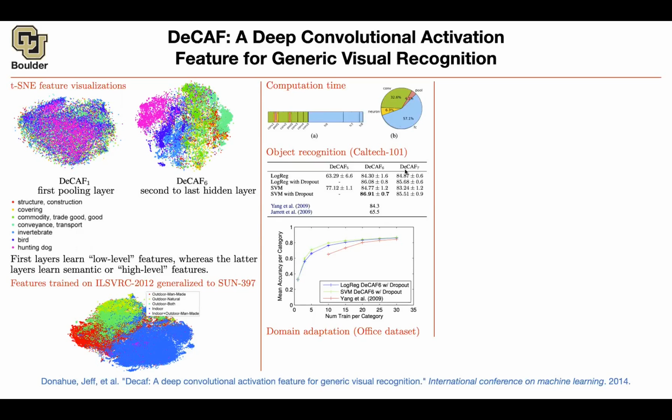Got it. So there is no point in using DeCAF 7 compared to DeCAF 6 because it's more expensive and worse. Yes, but still, if you compare it to previous state of the art for featurizing Caltech 101, this is really impressive. And you are not doing any fine tuning on these layers on Caltech 101 anymore. You just take those features and use them.